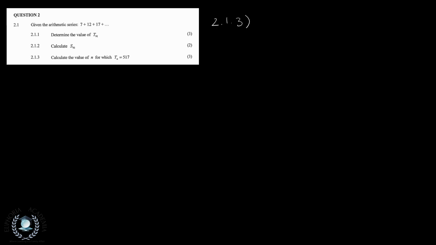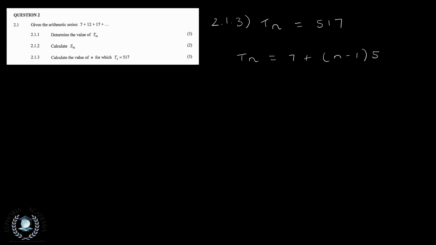So for question 2.1.3, we're asked to calculate what term number is equal to 517. Now we already have our general formula. We got that in the first question, and our general formula was Tn is equal to 7 plus n minus 1, common difference d of 5.